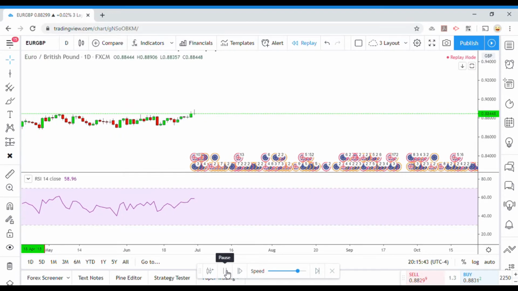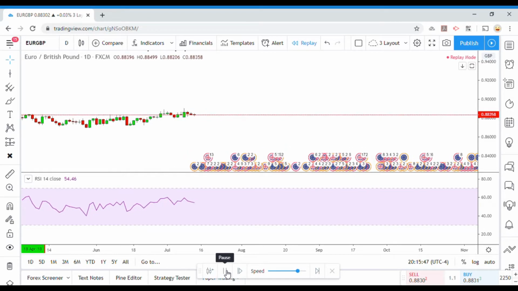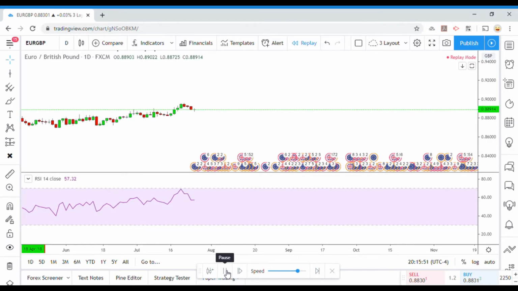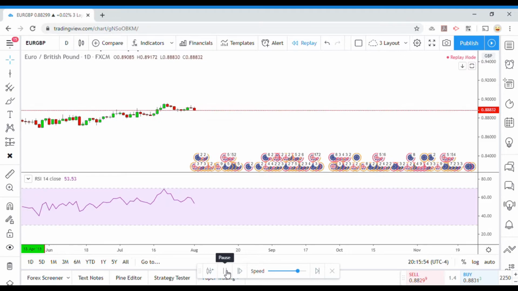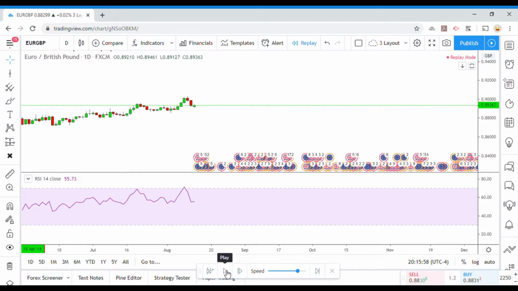So as you can see, the RSI runs and runs for months and months and months and gives no signal whatsoever. That can be problematic in itself.